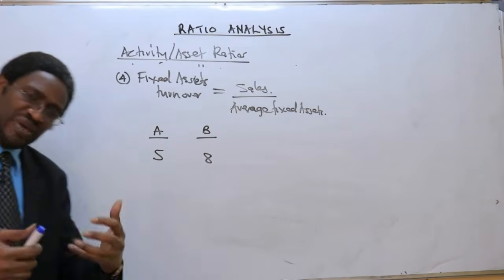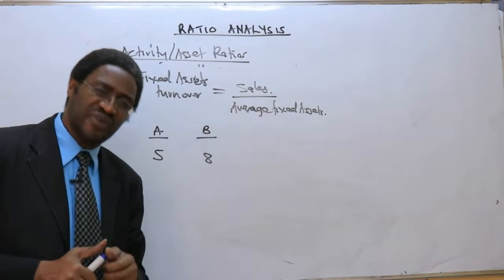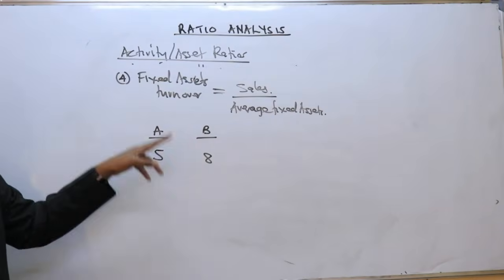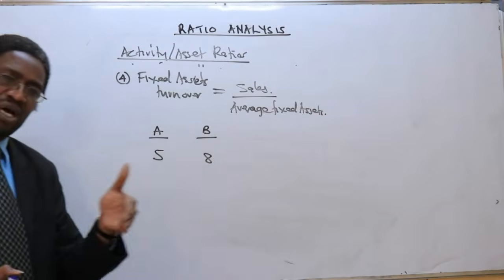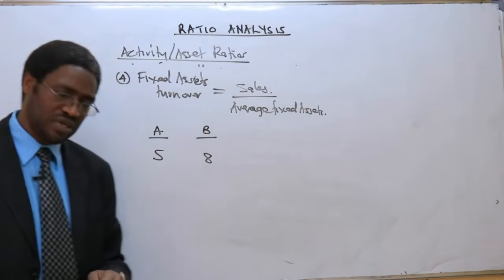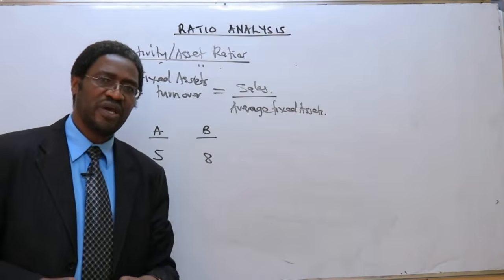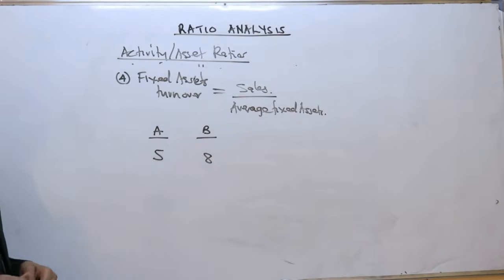While company B, for every shilling invested as a fixed asset, that 1 shilling is able to generate 8 shillings as sales. So which company is better? It's obvious company B is better.